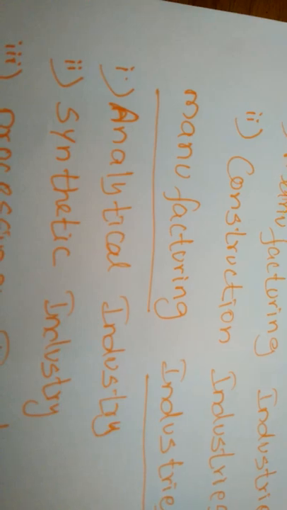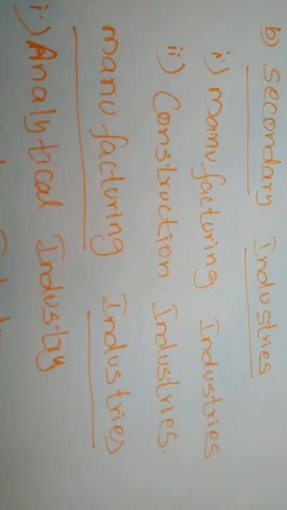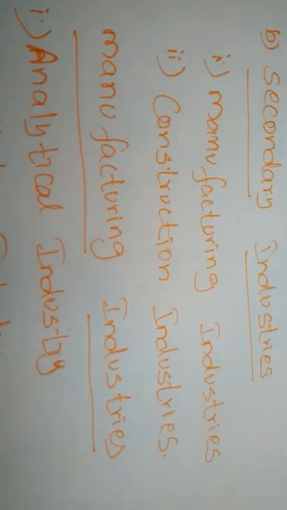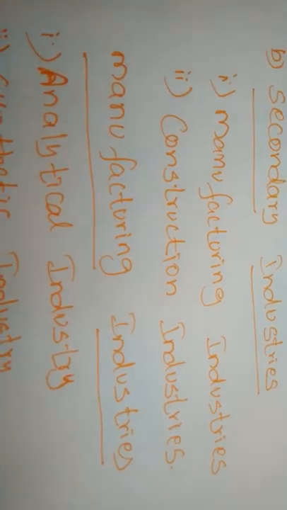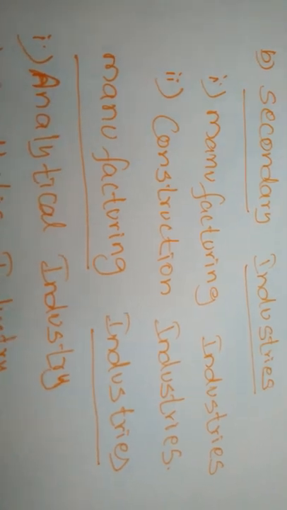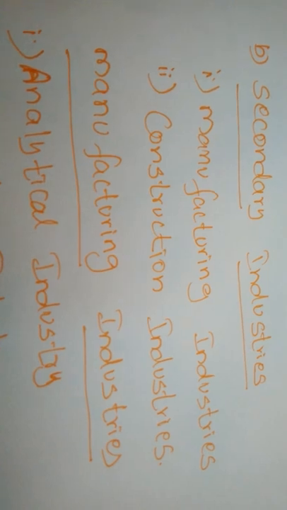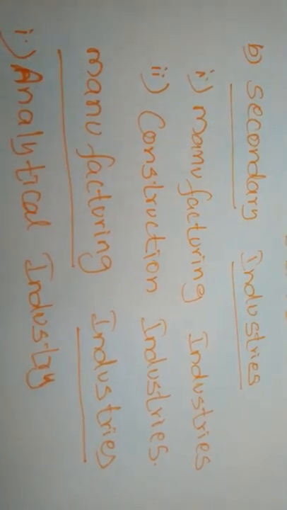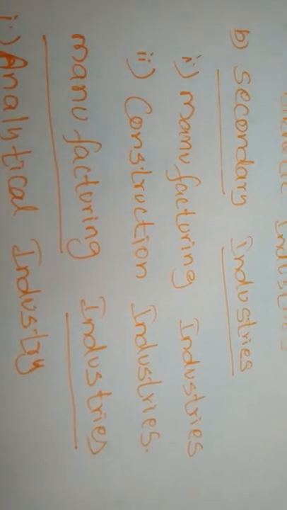By using raw materials, if any commodity is formed, it creates form utility. For example, by using iron ore, if you produce steel, for example a steel cart, a steel bureau or a steel desk, the steel desk has form utility.